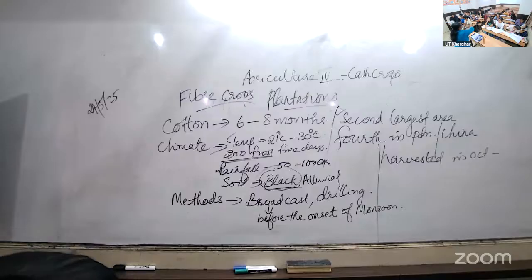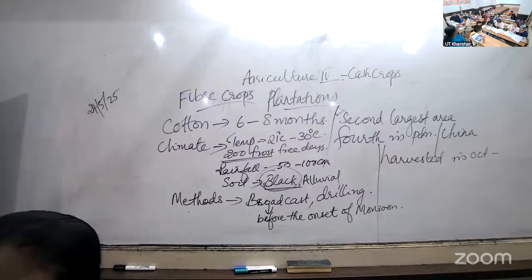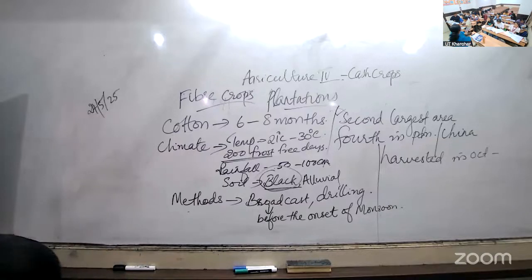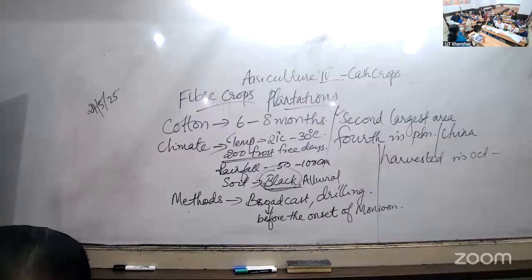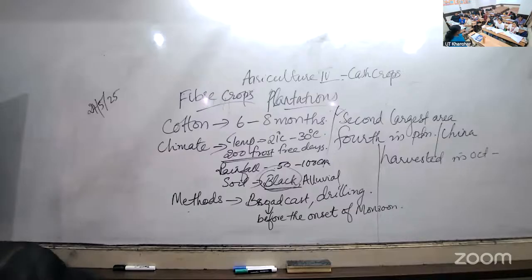So in order to avoid it flying away, they start plucking. Understood? Like how rice or wheat is harvested together, it is not like that. Those which are ready will be plucked. It is manual, purely manual.